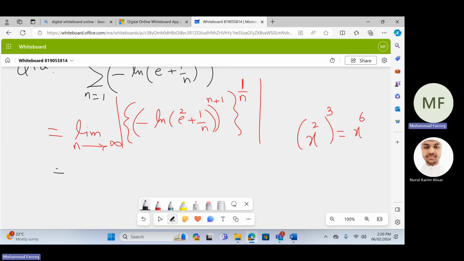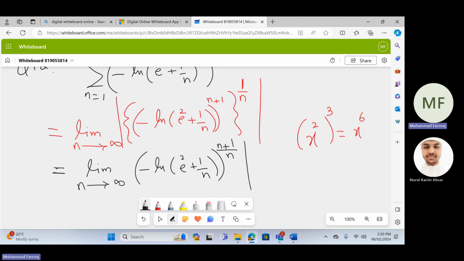So you get limit n to infinity of minus ln with the argument e squared plus 1 by n, and the powers combine to n plus 1 over n, with absolute value. Understand from here to here? We just multiply the powers, same as my example: x squared with power 3, so the power becomes the product. Clear? Okay.